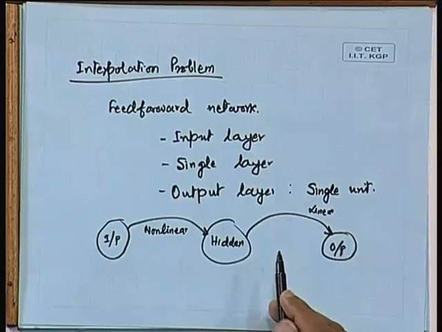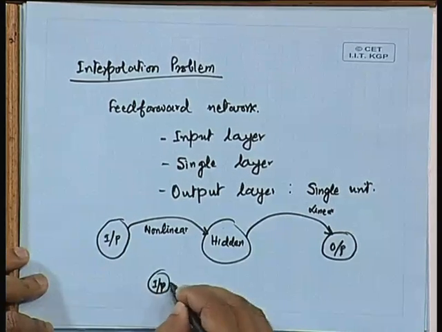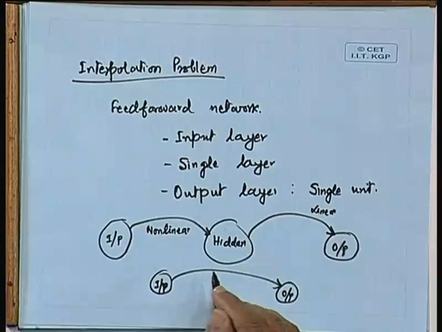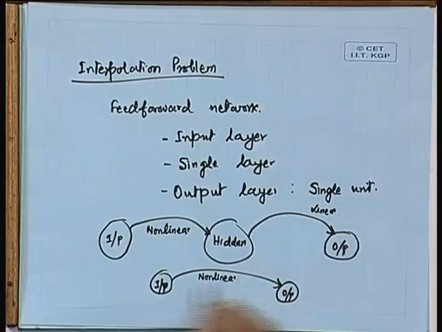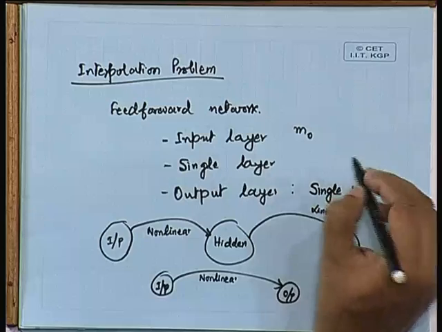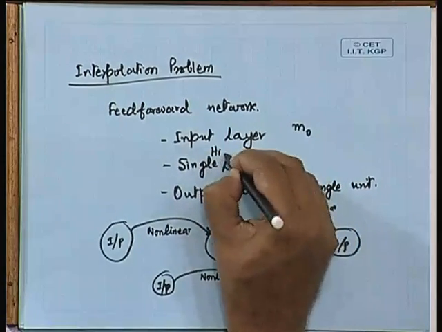So, it is essentially a mapping from input to hidden, hidden to output. Combinedly looking at it, it is definitely a mapping from the input space to the output space, and combinedly it is of course a non-linear mapping, is it not. So, it results in a non-linear mapping from input to the output effectively. Okay. Now, the input dimensionality we are considering to be M0, and I should have written single hidden layer.